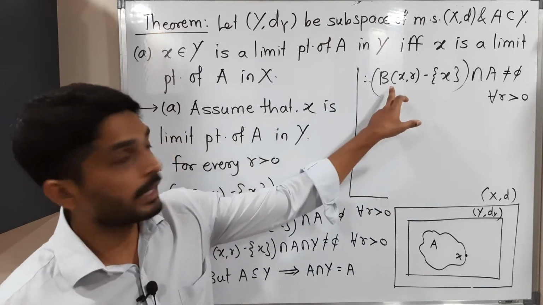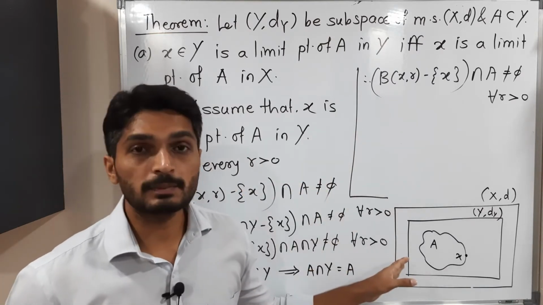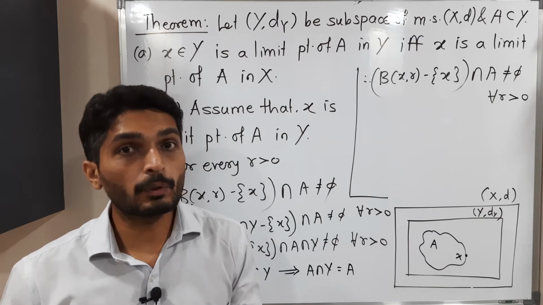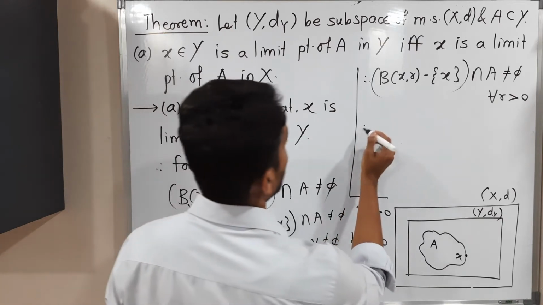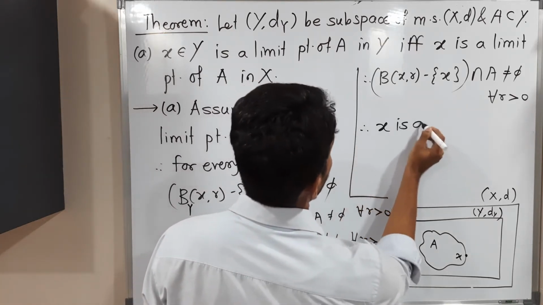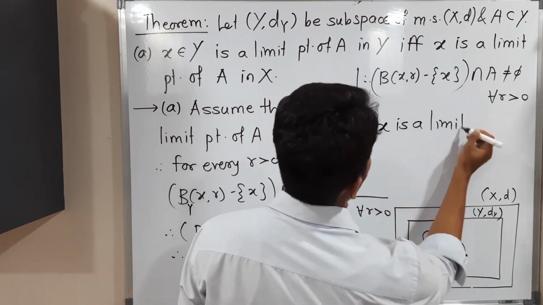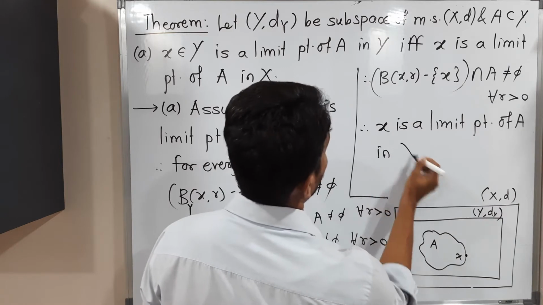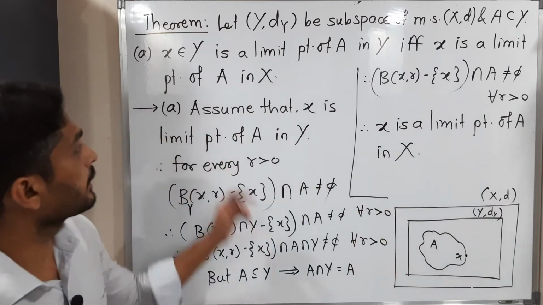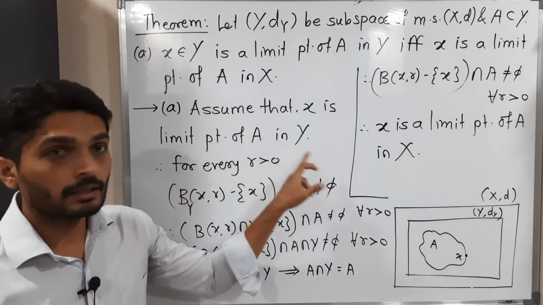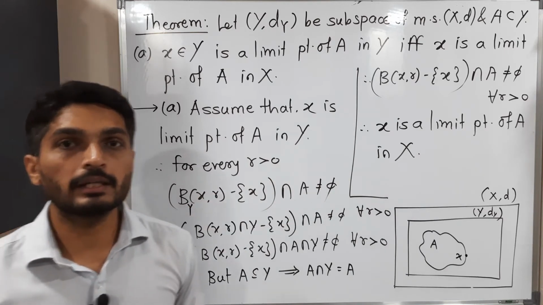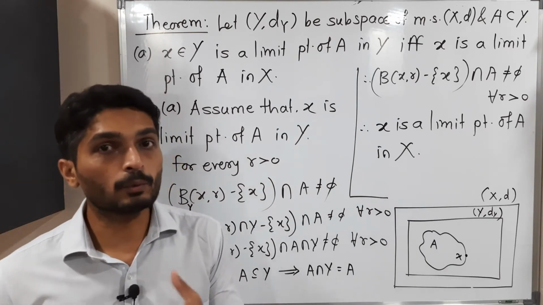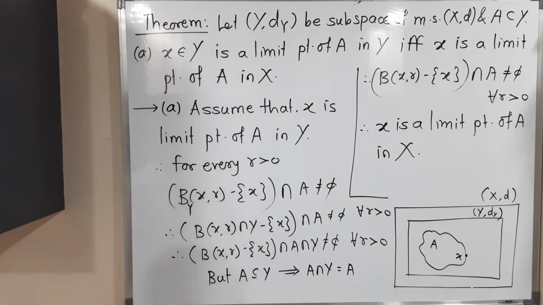And we have a ball in the entire metric space X, so that's why it is a limit point in X. Therefore, x is a limit point of A in X. So we started with x being a limit point of A in Y, and we proved that x is a limit point of A in X. After that, we have to prove it in the reverse way. First make a screenshot of it, then we'll go for the remaining part of this theorem.